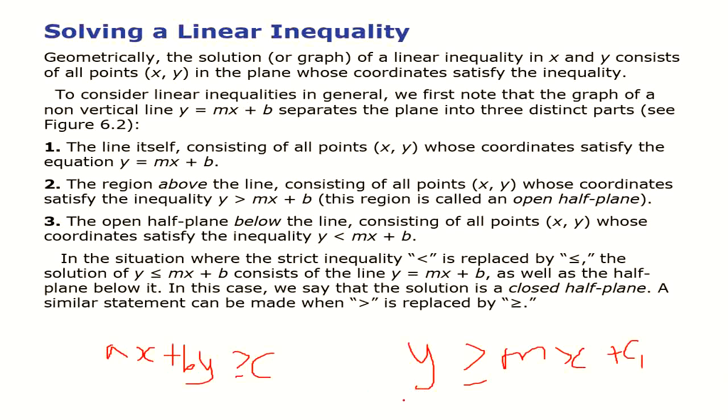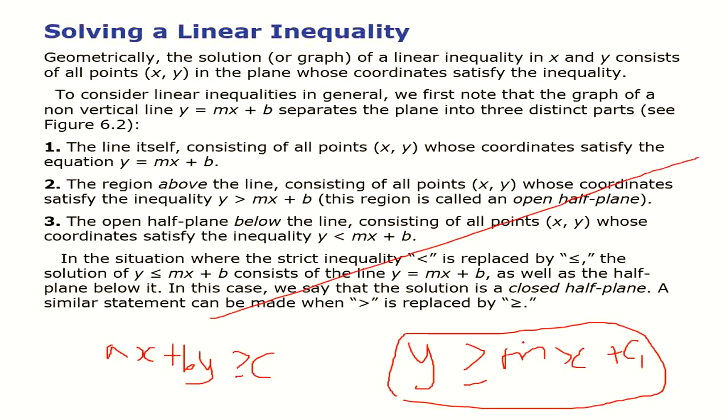If you express it in such a form, then we draw the line using the intercepts. When you take x equal to 0, you will get the y-intercept c1. When you take y equal to 0, you will get the x-intercept, x equal to negative c1 over m.